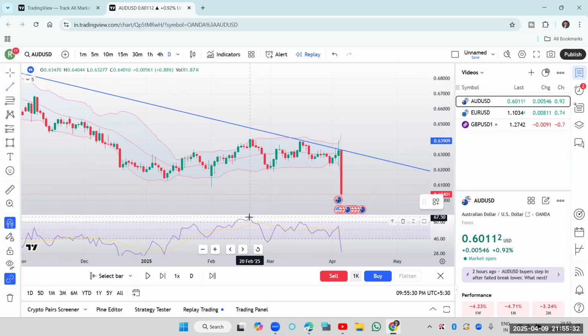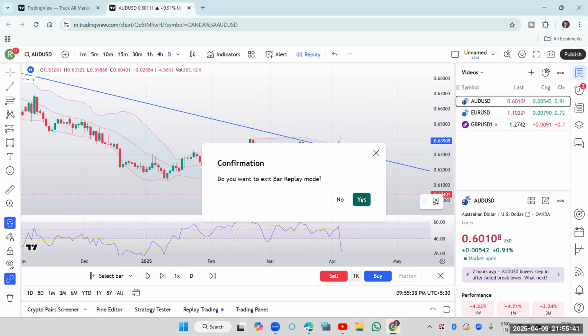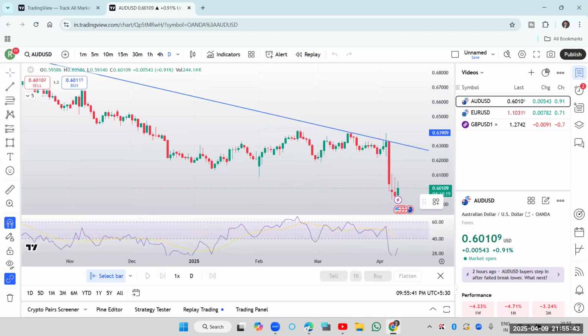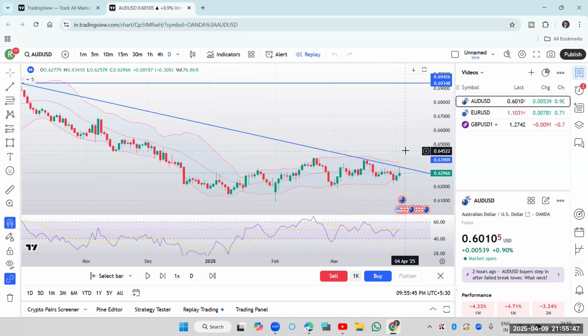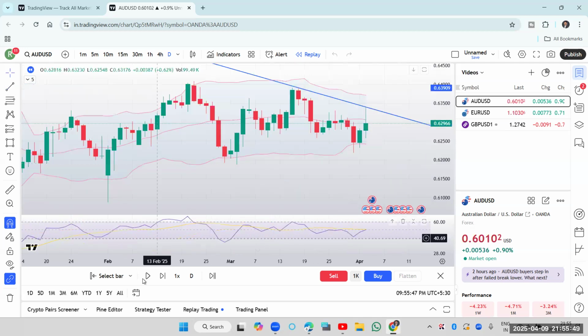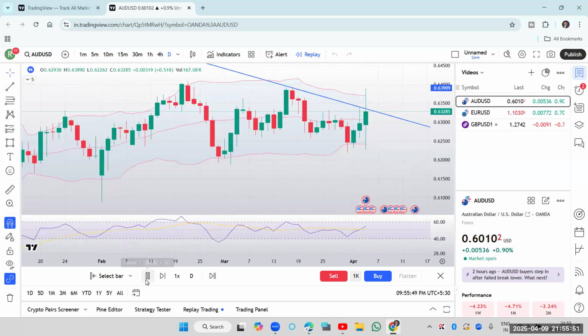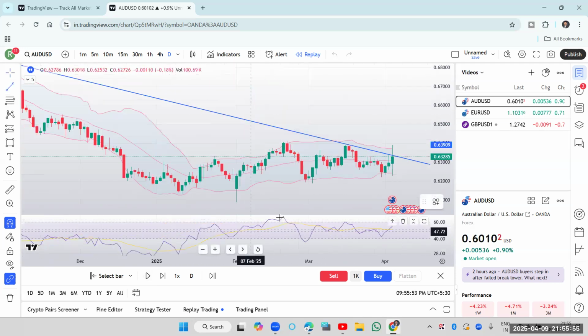Now, when I'm drawing this, imagine that, let me go back. Let me go back again on this candle. Okay. Now, what happened on that day is, let me draw this trend line here on this RSI. Okay.